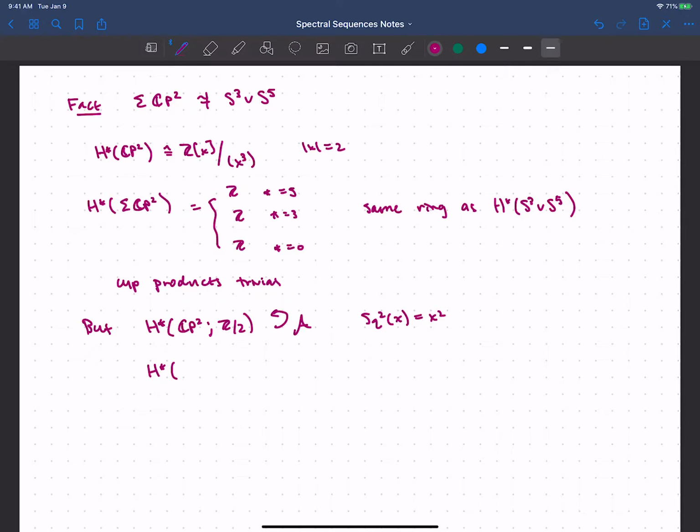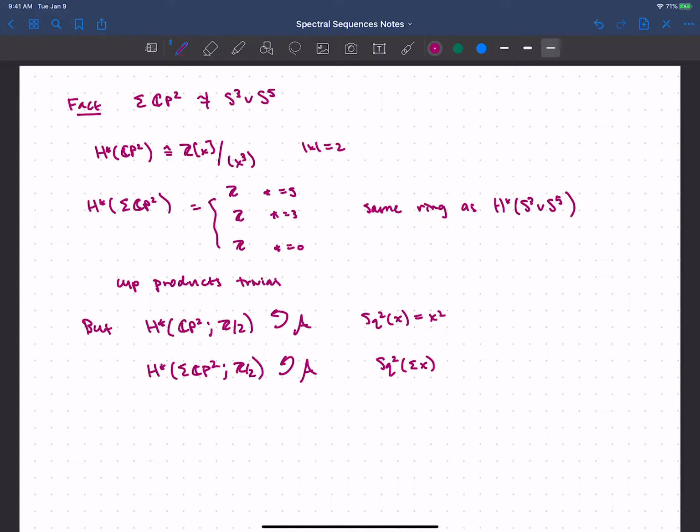When I look at the cohomology of the suspension, well, again, the Steenrod algebra acts there. It's just the cohomology of a space in mod 2 coefficients. But the fact that the squares commute with suspension, I'm going to abuse notation a little bit here and act like I can suspend x. I just mean sort of chase that through the suspension isomorphism.